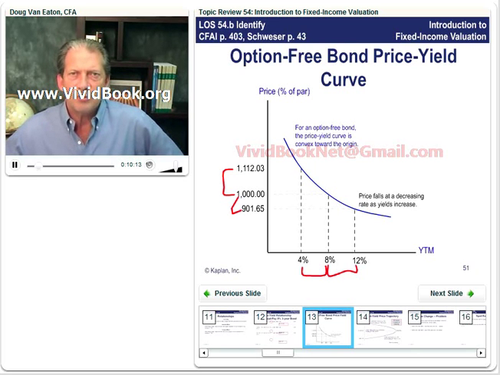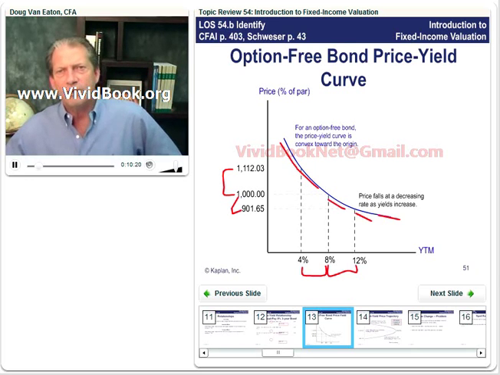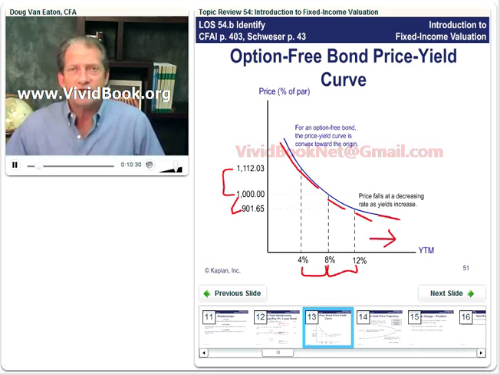So as we move down here, you can see the slope is getting flatter and flatter. We can use that as kind of a proxy and say, well, as yields go up, the sensitivity of price to a given change in yield gets smaller and smaller.